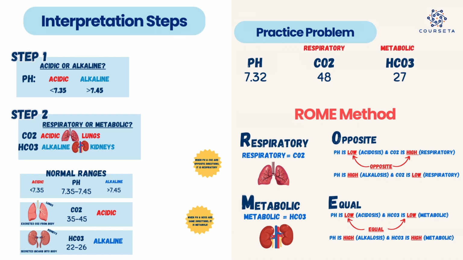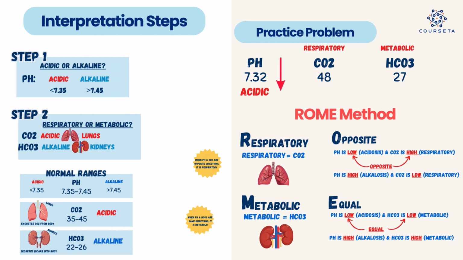So once again here, if we look at this problem, let's immediately apply it. So we have a pH of 7.32, the CO2 is 48, the HCO3 is 27. Step number 1, let's determine if it's acidic or alkaline. So we have a pH of 7.32, it's below the normal range of 7.35, so it is acidosis. So what is it caused by? So if we use the ROME method, respiratory opposite, metabolic equal, let's look at the CO2 first.